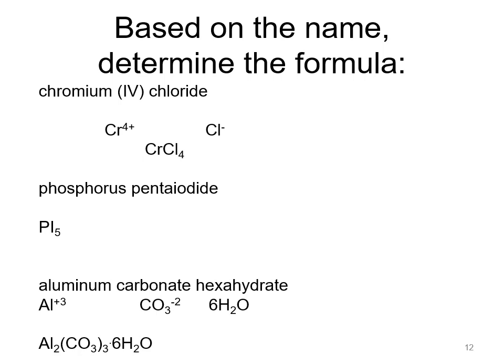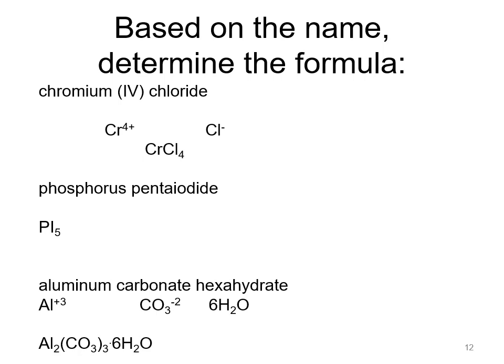Phosphorus pentaiodide. These are both nonmetals, but because we have the prefixes here, that makes this a little easier. It's just 1 phosphorus and 5 iodides. Finally, we have aluminum carbonate hexahydrate. And this can throw people off because they see the prefixes. Again, aluminum is a metal. This is an ionic complex. In this case, the prefix is just indicating that we have 6 waters.